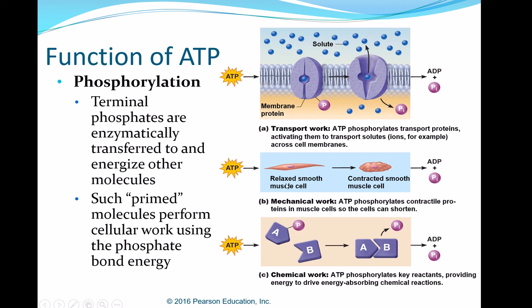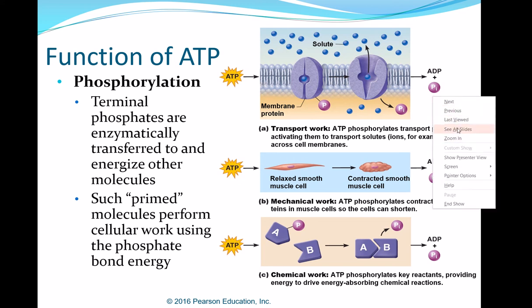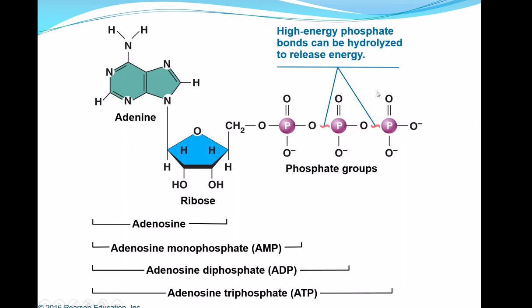When we snap off that last phosphate group, we call that phosphorylation. Essentially, let me go back here for a second, we take this 3rd phosphate group and break it off from the rest of the molecule, and we transfer it to another molecule. We phosphorylate that other molecule.